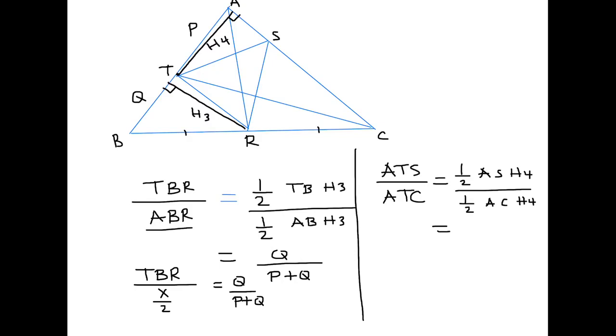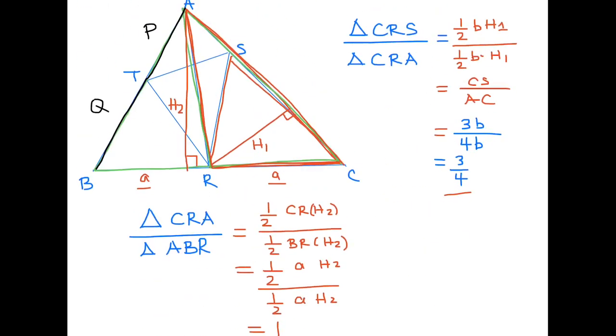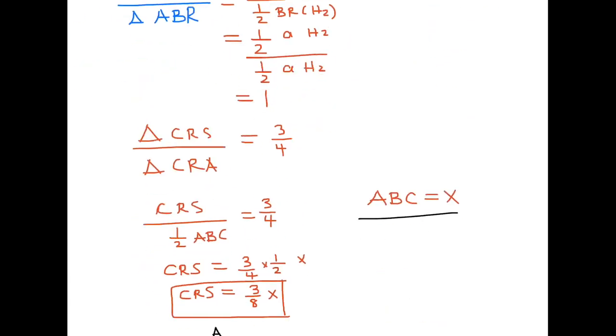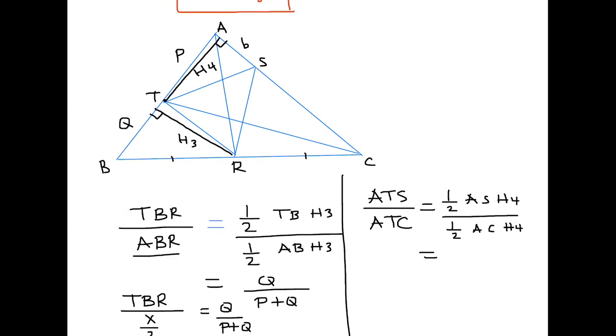So the halves and the H4s cancel, and AS, if you remember, if we go back, was B, and this whole side was 4B. So this was B, and this was 3B. So this whole side was 4B. So AS is B, AC is 4B. So we've got a relationship of 1/4.